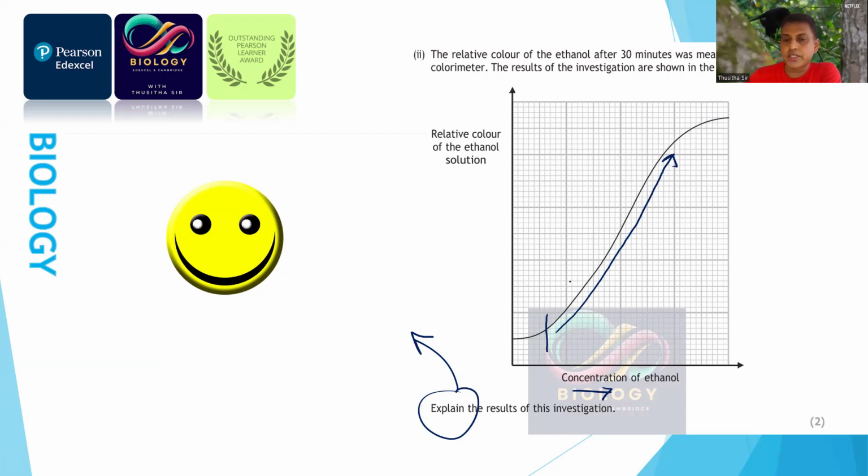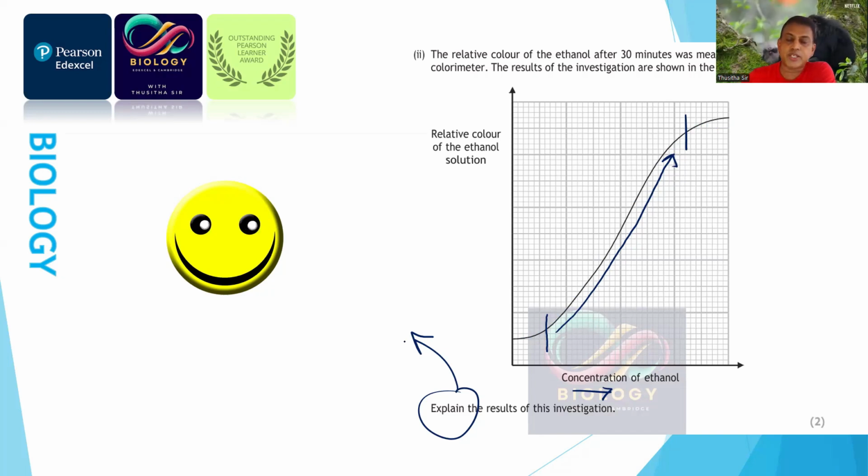You can see 3 areas: initially at low concentration, a slow increase, but then a steep increase, and then it levels off at last. So that's a graph description.